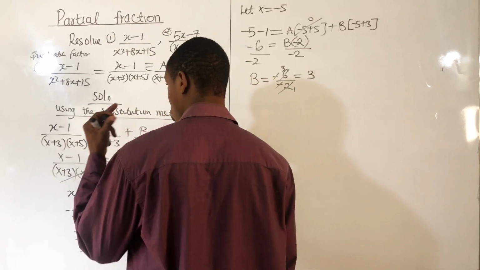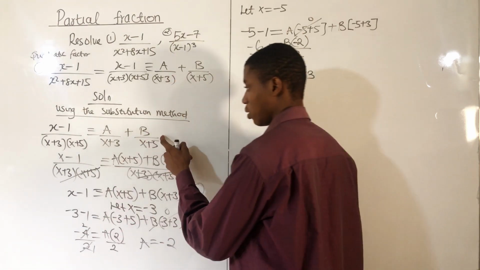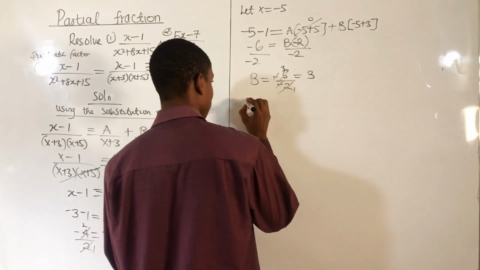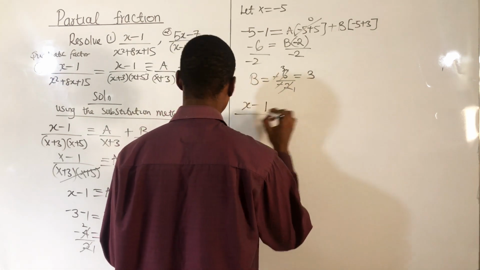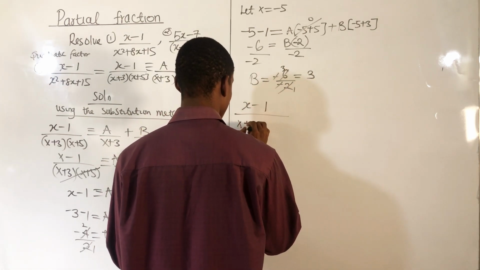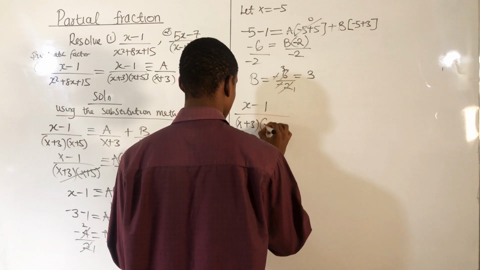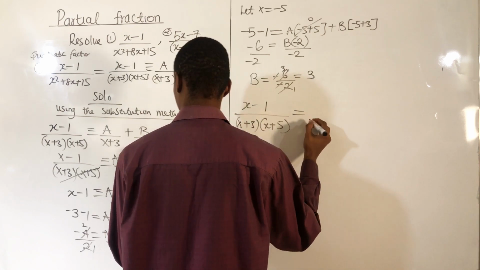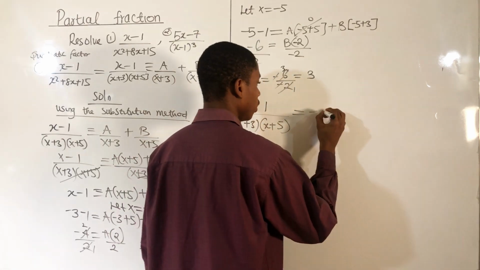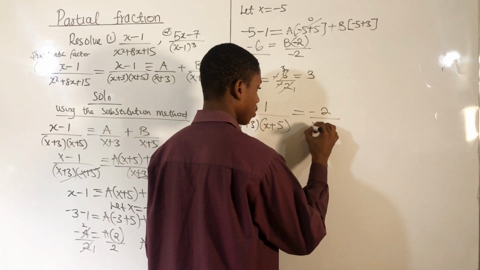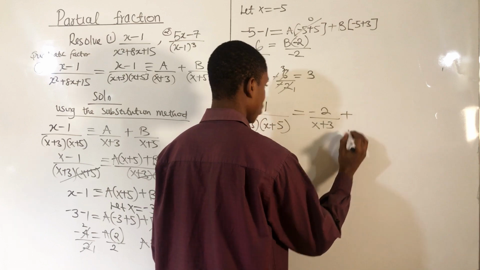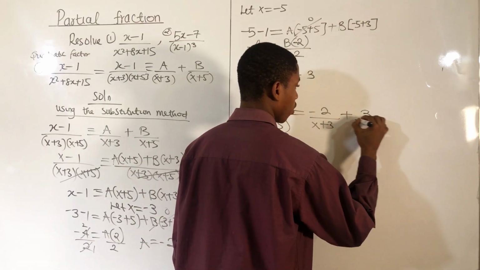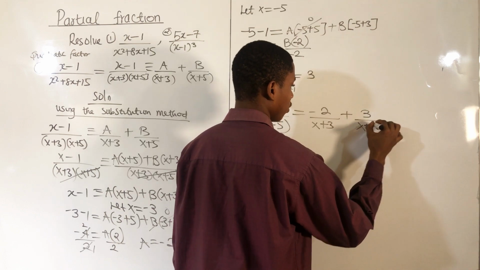Of course, I'm going to substitute those values into the assumed equation. I will say that x negative 1 over x plus 3 x plus 5 is equal to what? A is negative 2, so negative 2 over x plus 3 plus what? B. B is 3. So we have 3 over x plus 5.